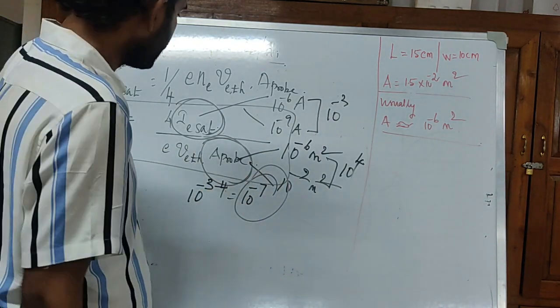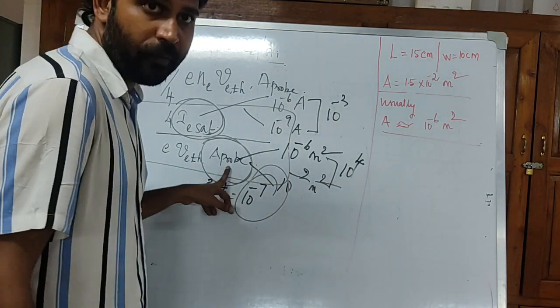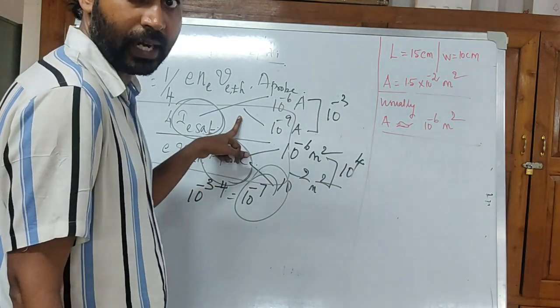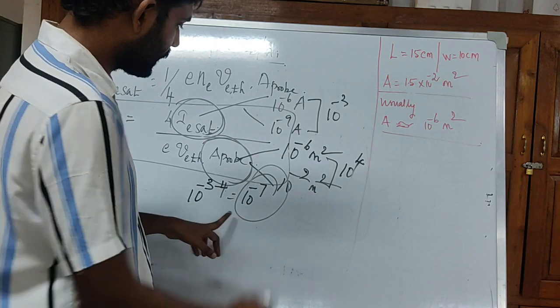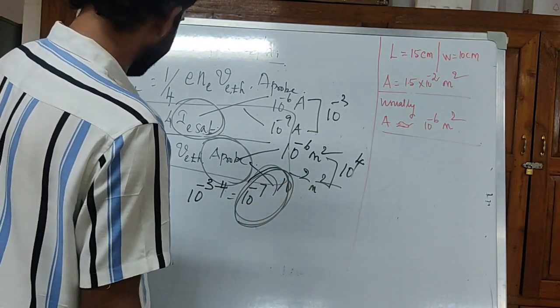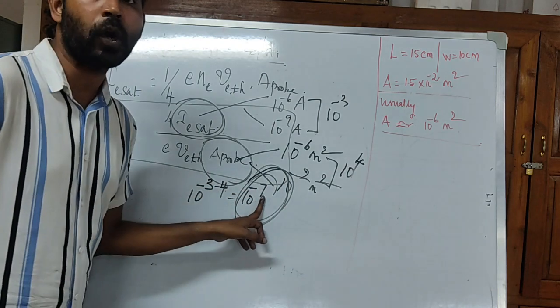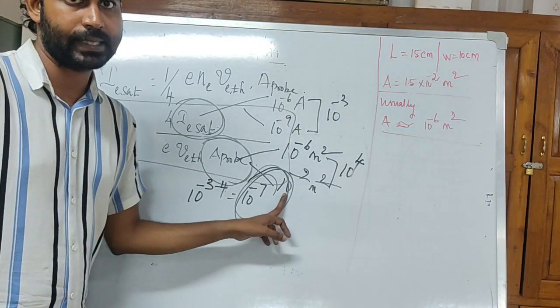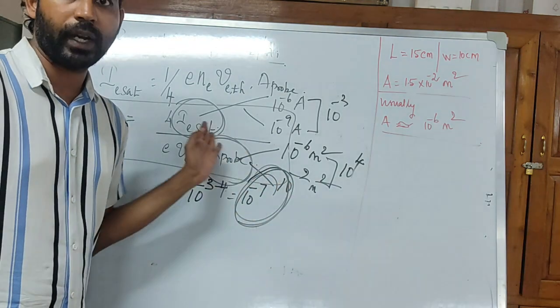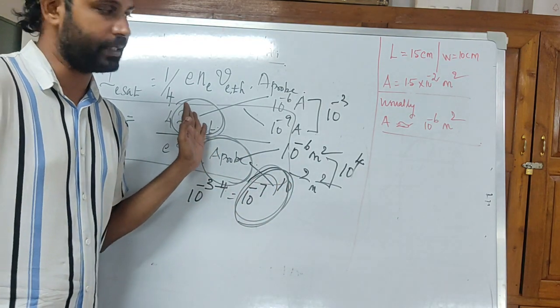So the kind of probe we are choosing and the amount of current we are getting in our setup result in a drop of number density by 7 orders, 10 to the power minus 7. That's the reason why we are getting such a low number density.